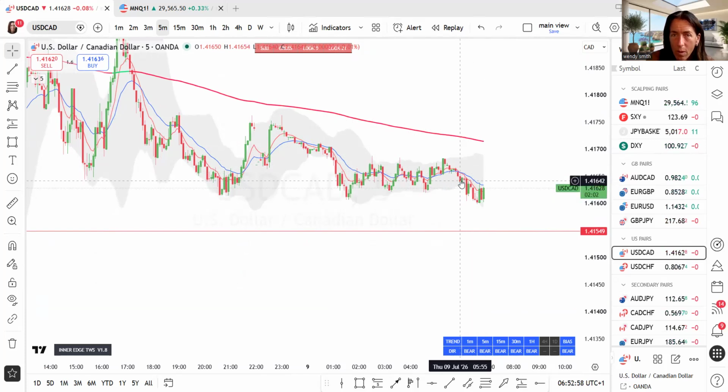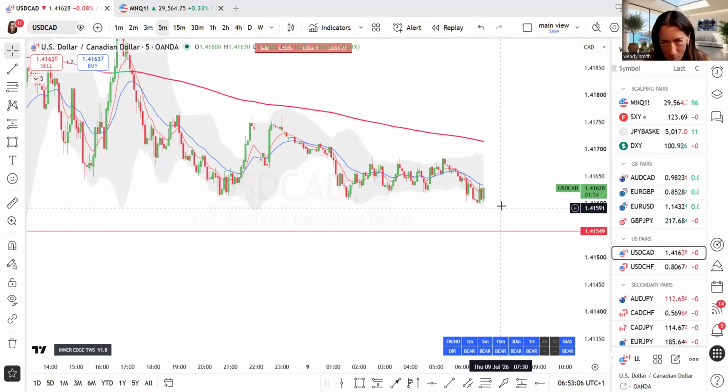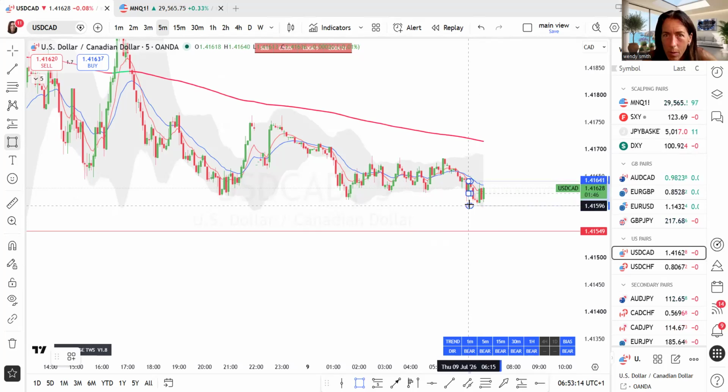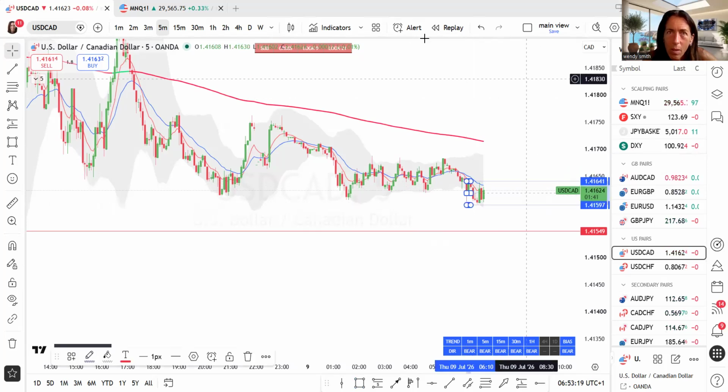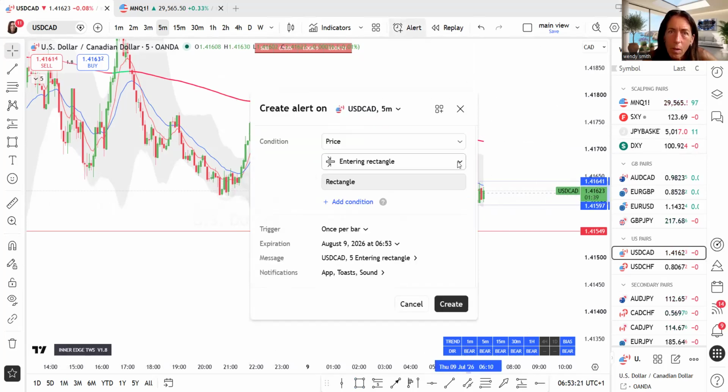If you like entering on the trigger, that would have been your entry candle. Your stop would have probably been here somewhere. So what are we looking at now? I just want this to break out of that as well. So I'm just going to use a smaller box on this because I just want to know when it moves out of this area. That's it.